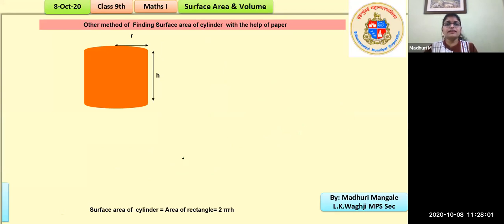Next, we look at one more method on how to find the curved surface area of a cylinder. Once again, what do you mean by curved surface area? It is just the curved part. We are not considering the top and the bottom. It is just the curved surface area. So how do we work on that?